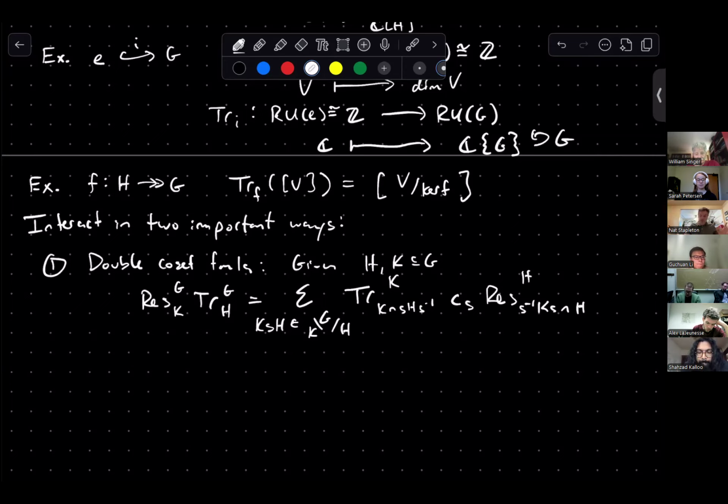And there's a conjugation moving one of the intersections over to a conjugate intersection.